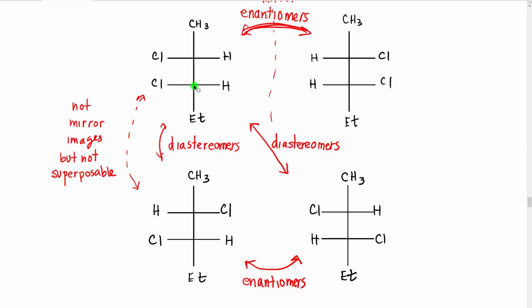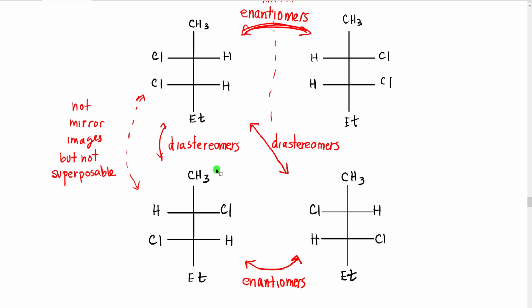Because there are 2 chirality centers, we have 2 squared stereoisomers. 2 squared is 4. So these are the 4 stereoisomers of this particular Lewis structure, and there are no other stereoisomers of these molecules.